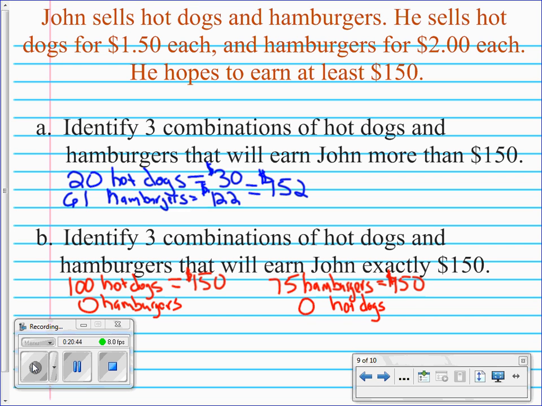And your third option, you would come up with any combination of hamburgers and hot dogs that will earn you exactly $150. An example I did, 96 hot dogs. Just using guess and check here because 96 times $1.50 is $144, meaning I need to sell $6 more, which would be 3 hamburgers.